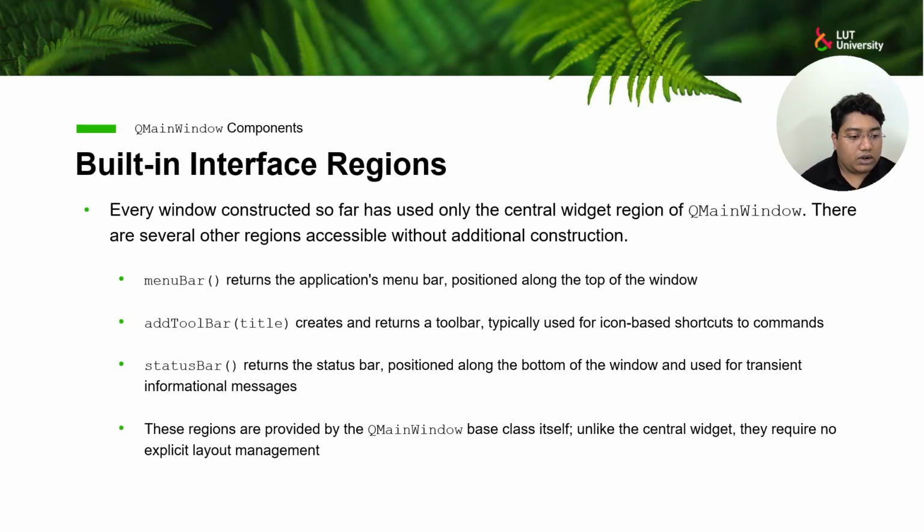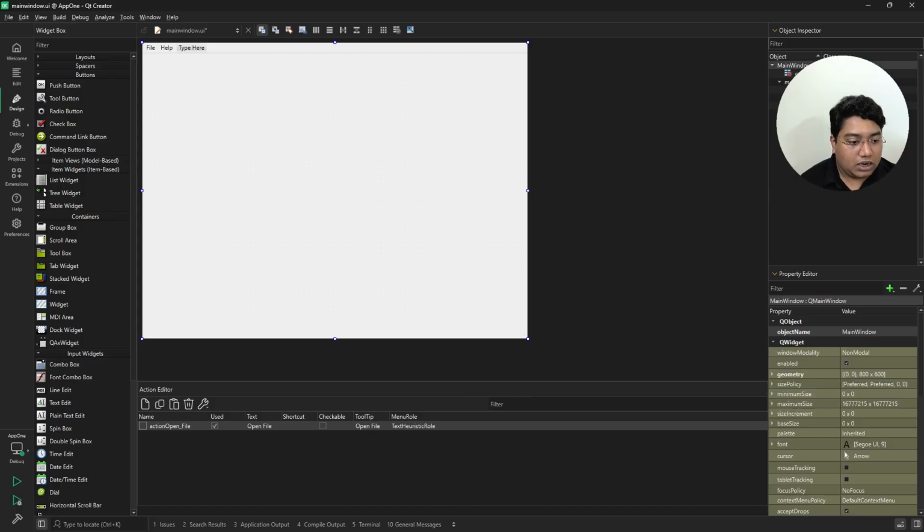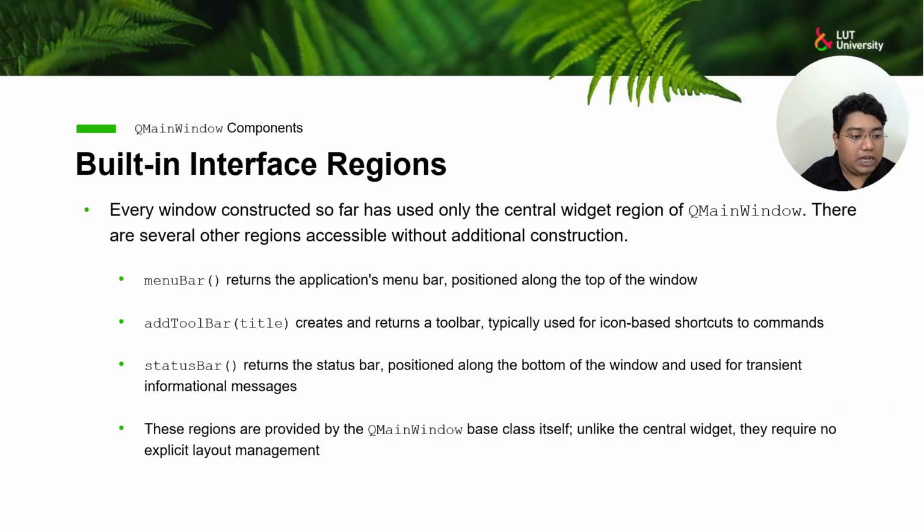Now, so far, you have seen that we have a menu bar on top. That's where we added our menu options here. These are our built-in interface regions. So if you look at professional desktop applications, you will notice there's much more than just a central workspace.